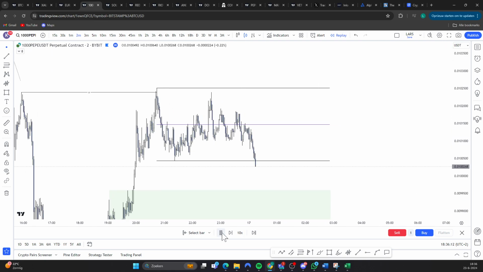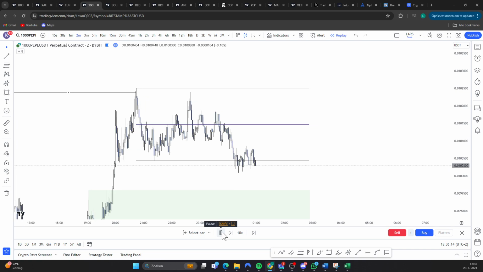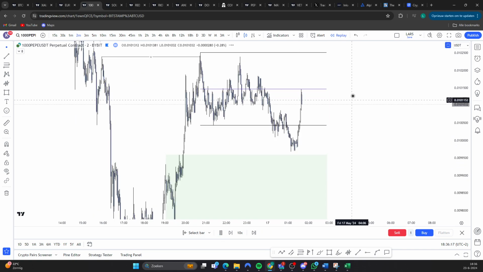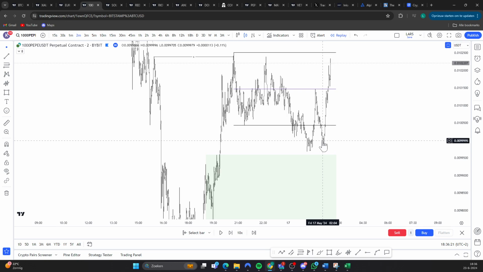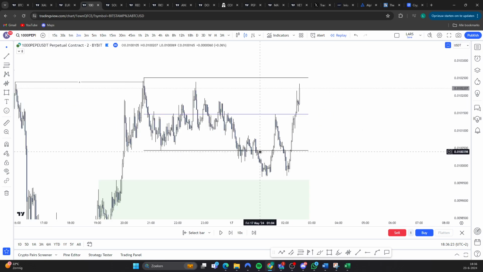Yeah, it's midnight now. Crazy moves during Asia. Nothing really tradable.